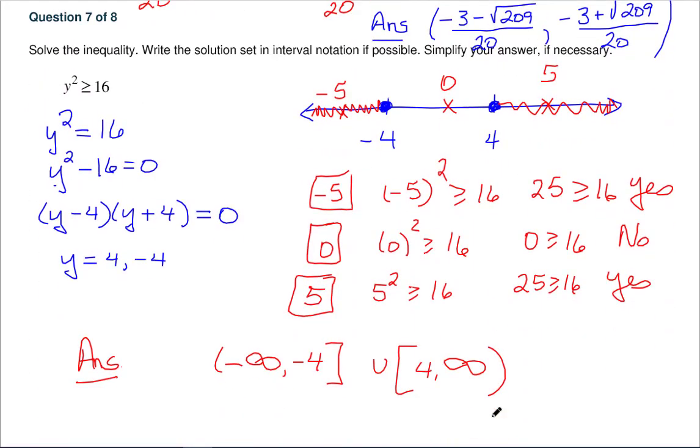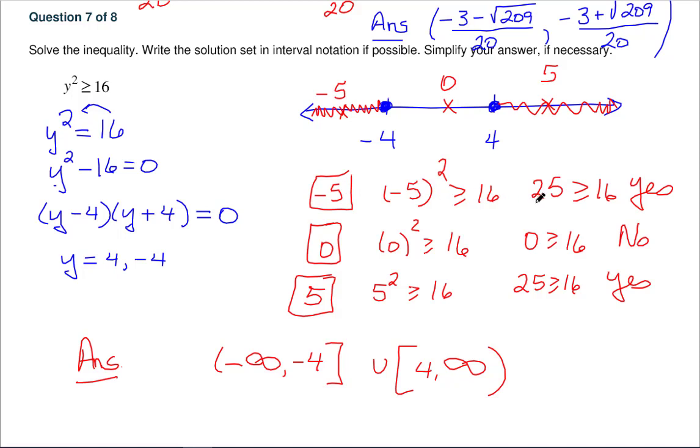All right, question 7. Life gets a little easier here. We set it equal. Move the 16 to the left. It does factor. I get that y is plus or minus 4. Plot them on a number line. They are closed dots because of the equals. Pick some test numbers, minus 5, 0, and 5.